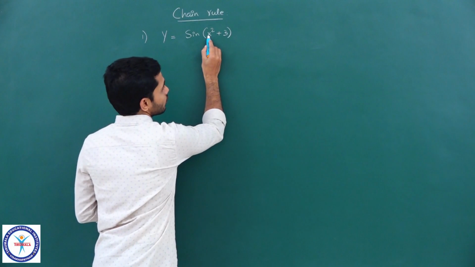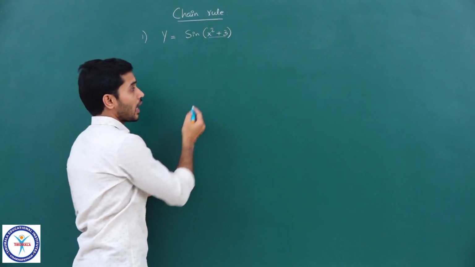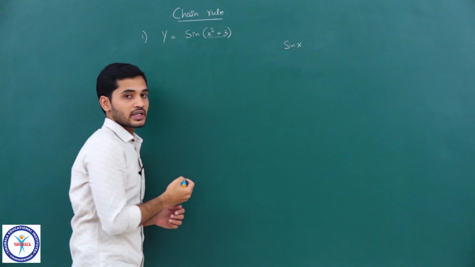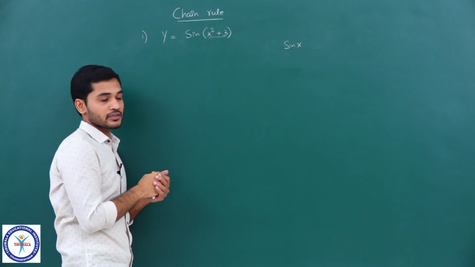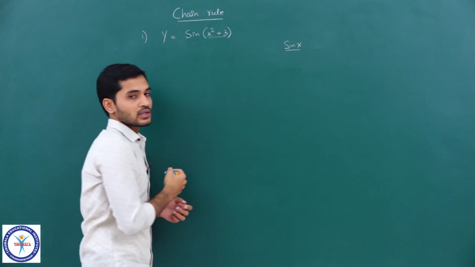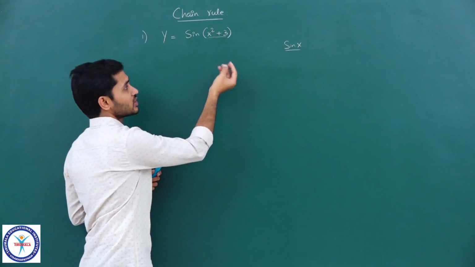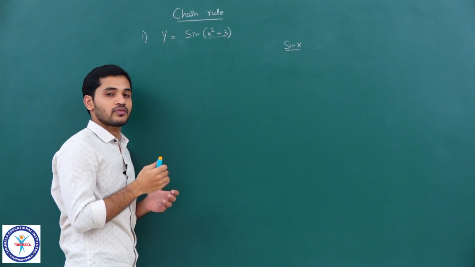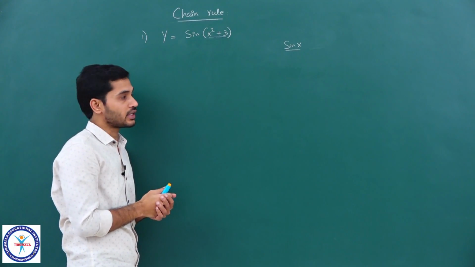I know the derivative of this function, I know the derivative of sin x function, right. Individually I know the derivatives if they are in the basic form. So, this is the basic form, right. But if this is a function which is inside another sine function, we are now looking at how to differentiate it, right.